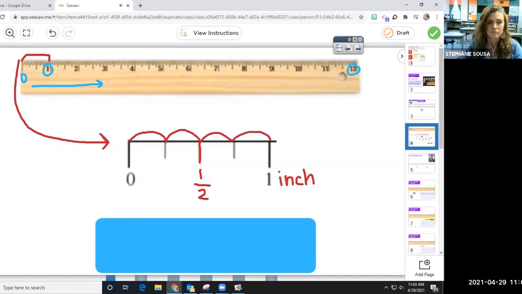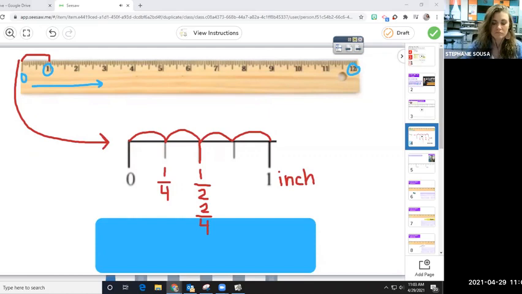The first tick mark after 0 is 1/4. If we add another 1/4, that would be 2/4 or 2 1/4. We know because of fractions, 2/4 is equivalent to 1/2 inch.